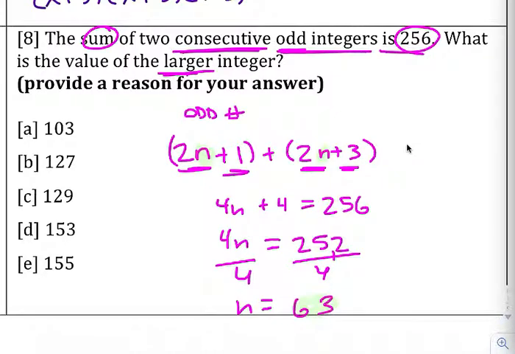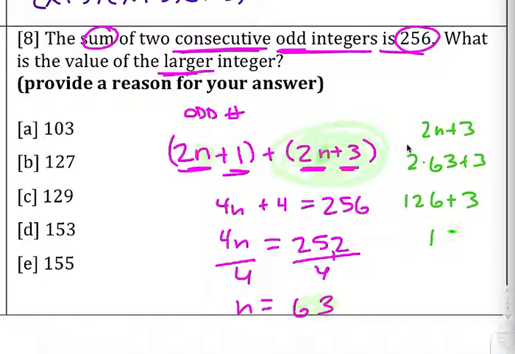We just want the larger integer, so we're really just going to focus on this one. We have 2n plus 3, so if we take 2 times 63 plus 3, 63 twice would be 126, plus 3 would be 129. And so in this case, it's 129.